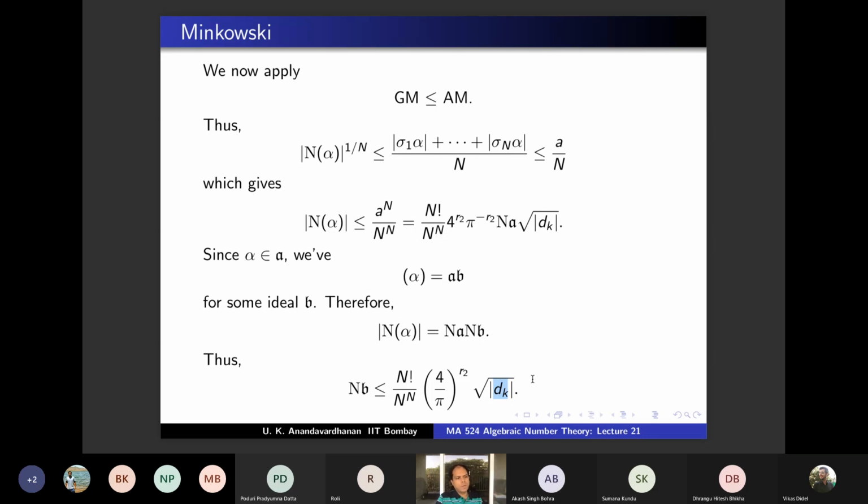But you could ask, what if a prime ideal comes to higher and higher powers? That is also not possible because the norm is bounded. So P to the power r, what will be its norm? The norm of P to the power r will be the norm of P to the power r, and the norm of P is 1 by q, so 1 by q to the power r.